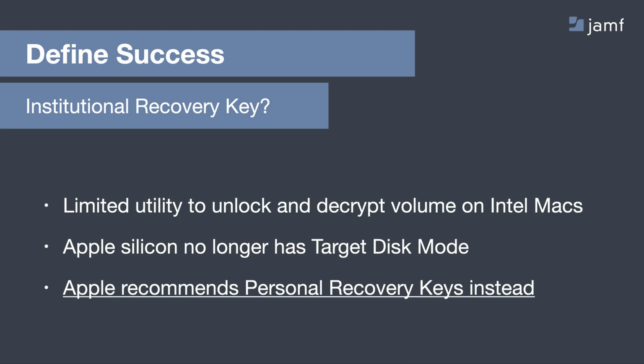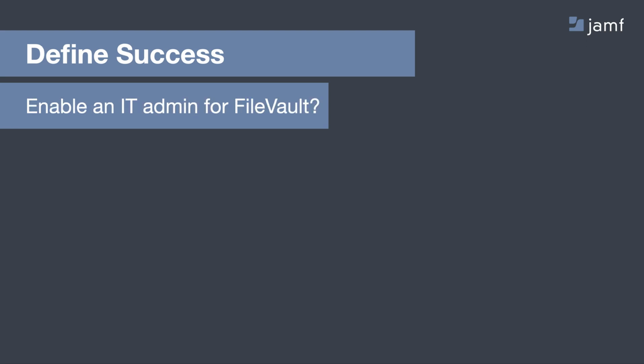So in order to use an institutional recovery key, you would first need to authenticate with a personal recovery key or a known FileVault user before having access to Disk Utility. With all that in mind, within the Apple deployment guide and elsewhere, Apple does recommend personal recovery keys instead of institutional. So just make note of that.